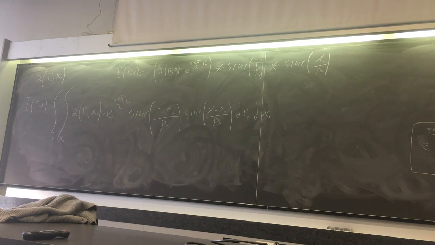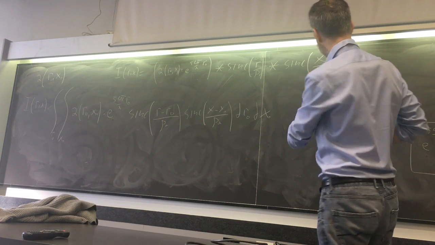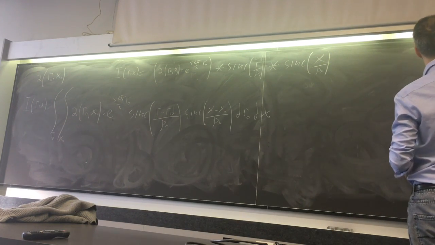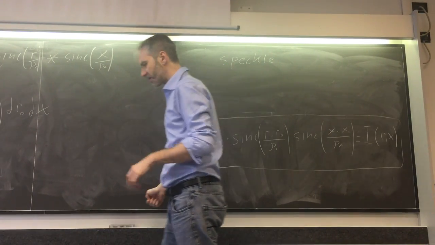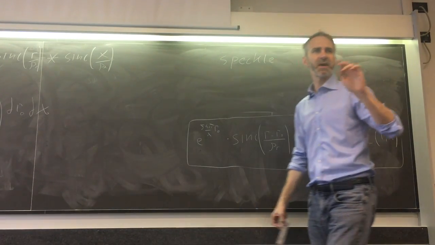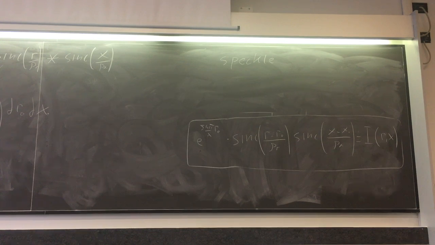Here it is. Now, what I want to talk to you about, which is very important, and I have time, is speckle. Last Monday, I did it a bit too fast, and I noticed that you did see something about speckle in the first part of this course, but not so much.